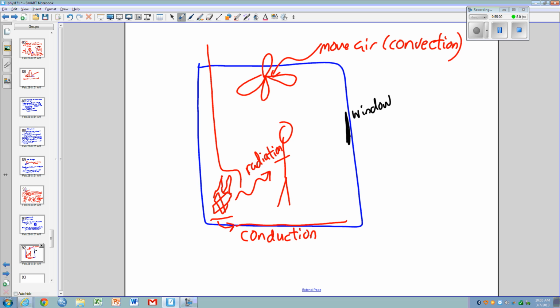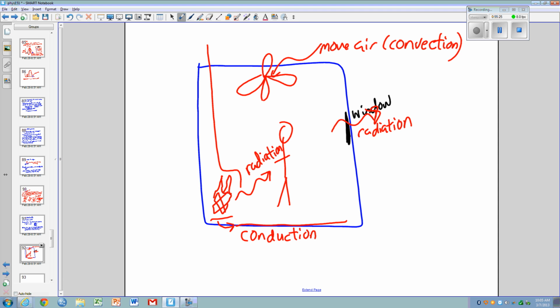Similarly, we have radiation that will leave the home through the window, or it can come into the home through the window. If you have a really sunny room, it feels warm because the thermal radiation comes in the window. But if you have those blackout curtains that you can put over your window, what happens to the room? Is it warmer or cooler? It stays cooler if you close the curtains in the summertime.